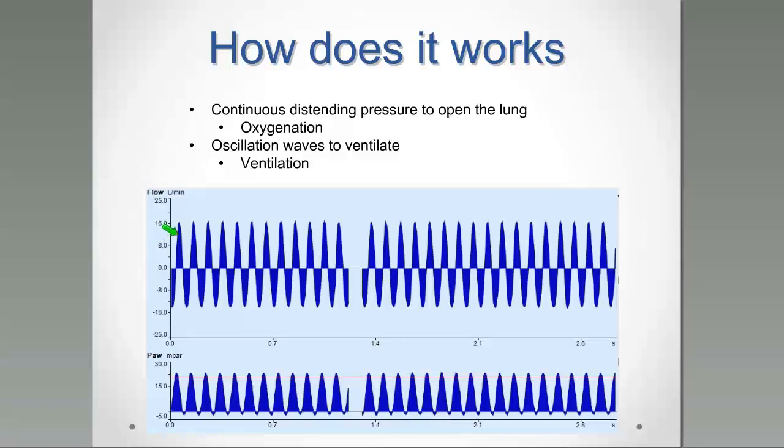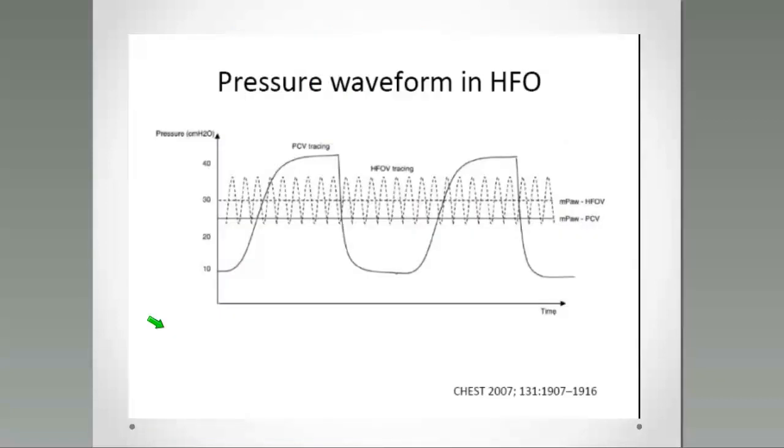This is the flow up and down at a very fast rate and the pressure generated by this displacement of the waves. Comparing with the conventional mechanical ventilation waveform of the pressure, you can see this is a regular normal wave of the pressure.